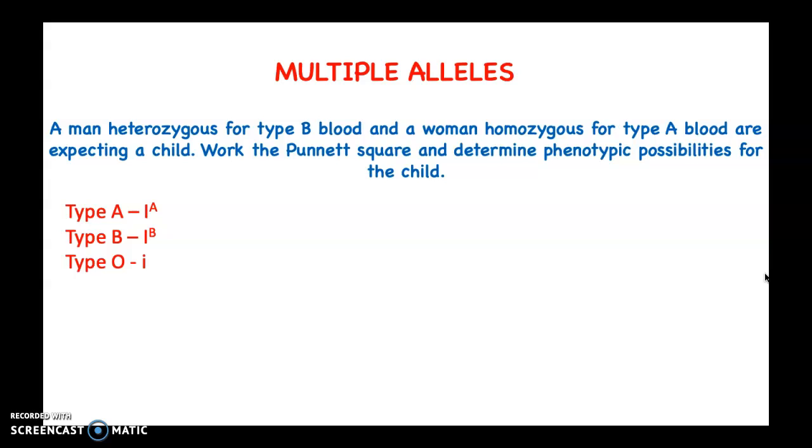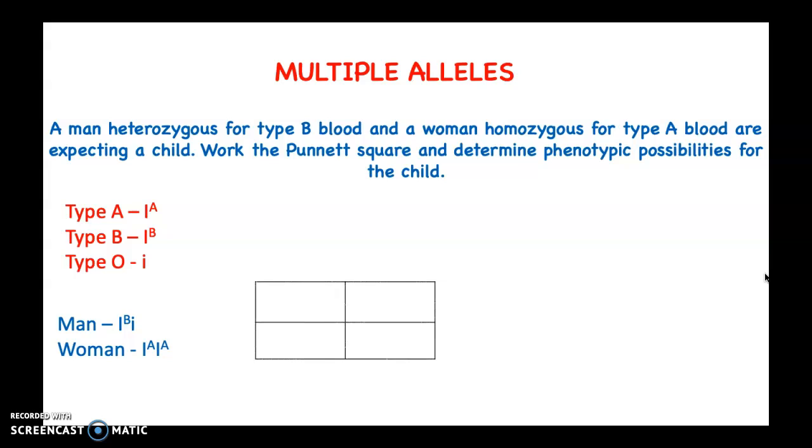Homozygous means you have the same two alleles, and she is type A. So since the man is heterozygous for type B, he has a B allele. Heterozygous means he also has a recessive allele. So his genotype is I^B little i. The woman is homozygous for type A, so both of her alleles have to be the allele for A blood.